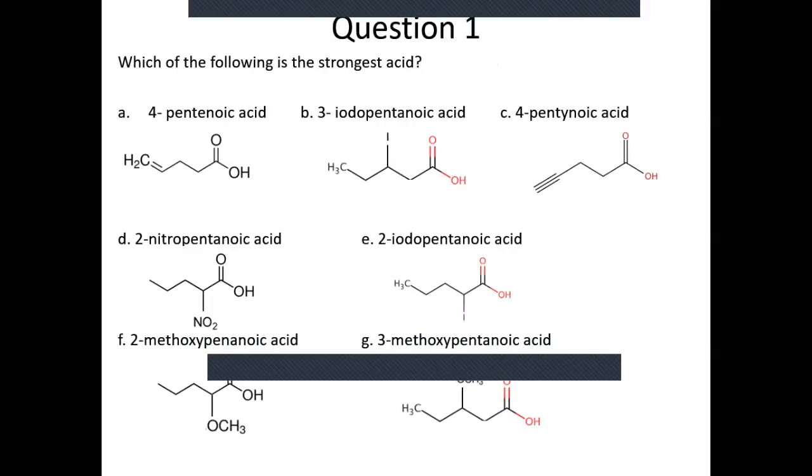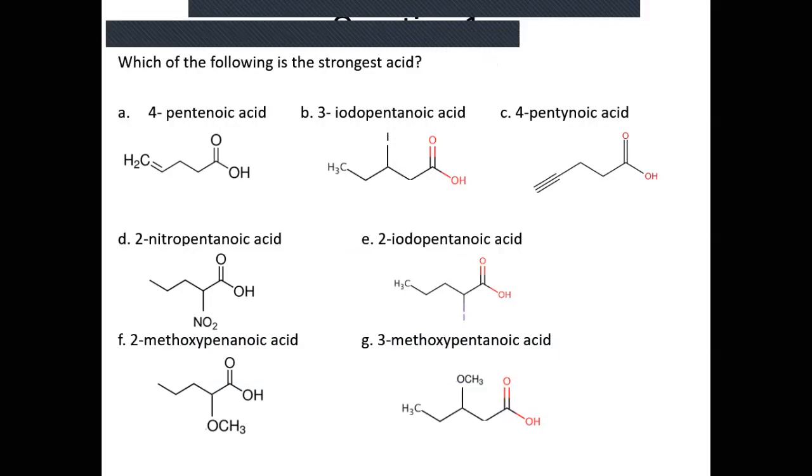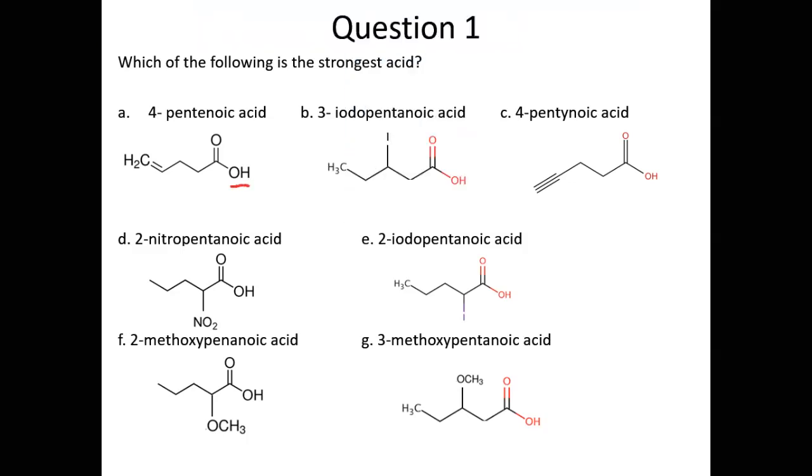Before we begin, let's recap the topics we talked about last time. Here we want to identify, out of all these acids, which one is the strongest acid. What you'll notice in all of these is that the acidic proton is attached to an oxygen.